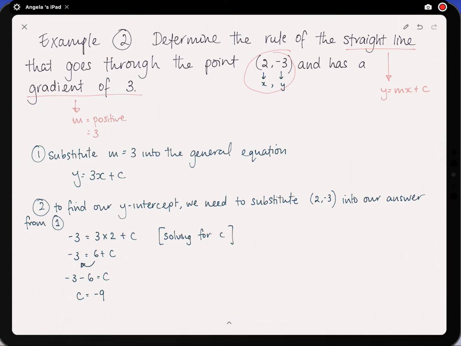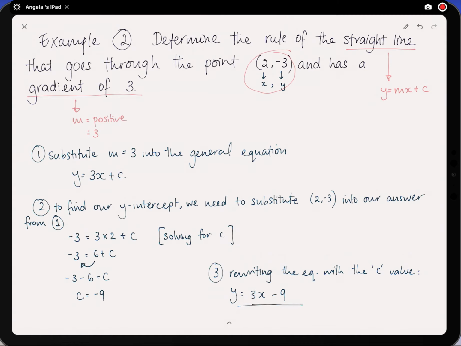Now, putting it all together, rewriting the equation, it will be y equals 3x minus 9.